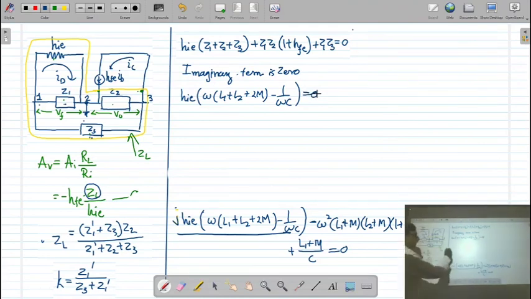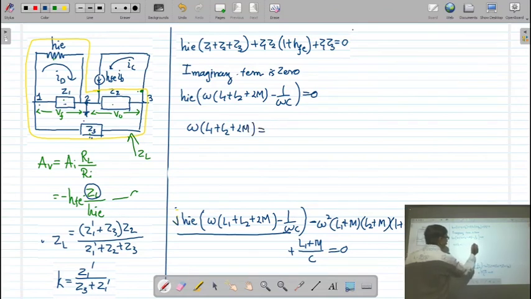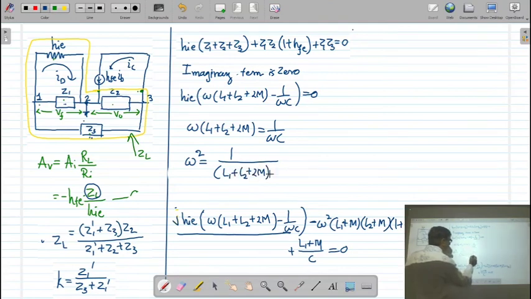Right? So we can write that this is a omega (L1 plus L2 plus 2M) equal to 1 upon omega C. And finally, you will get omega square equal to 1 upon (L1 plus L2 plus 2M) into C.